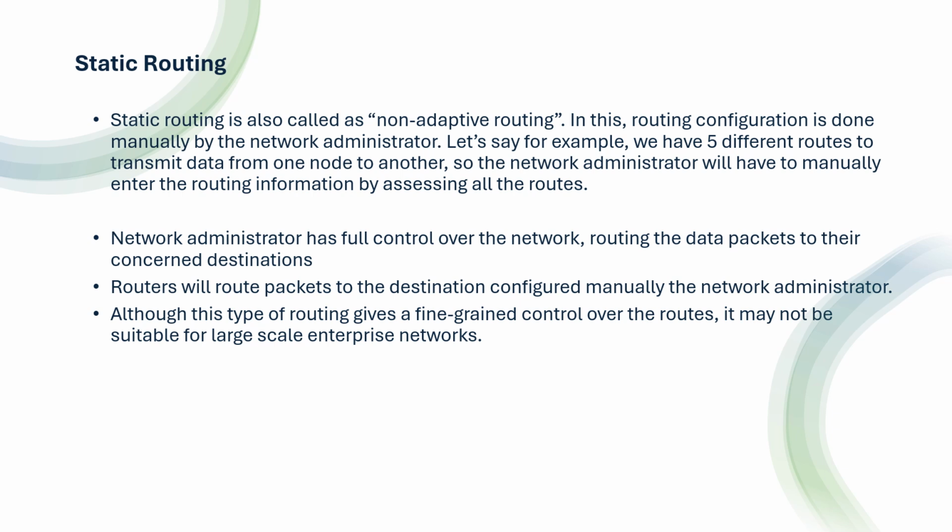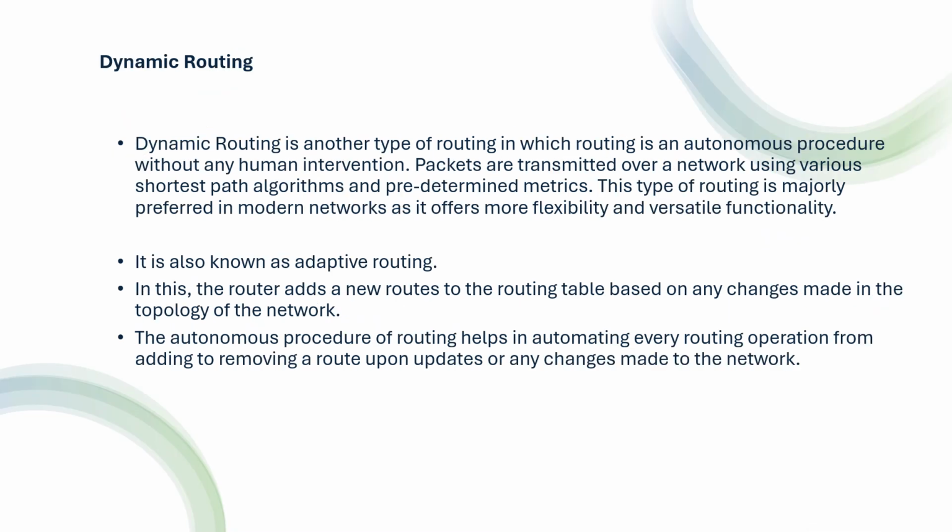Okay. The second one is dynamic routing. This type of routing is an autonomous procedure without any human intervention. Packets are transmitted over the network using various shortest path algorithms and predetermined metrics. It is also called adaptive routing.